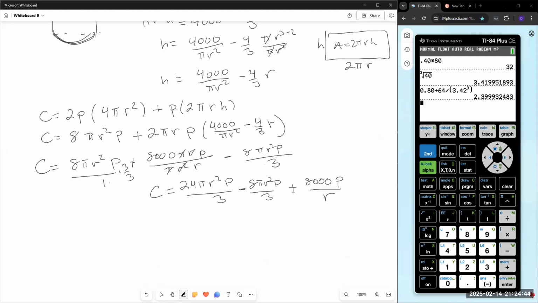So this is C is 16 pi r squared p over 3 plus 8,000 p over r. I'm going to multiply by r over r and 3 over 3.